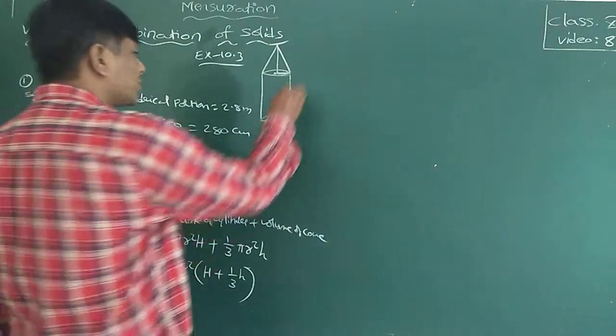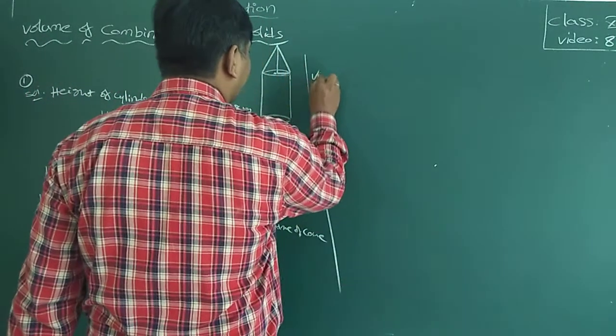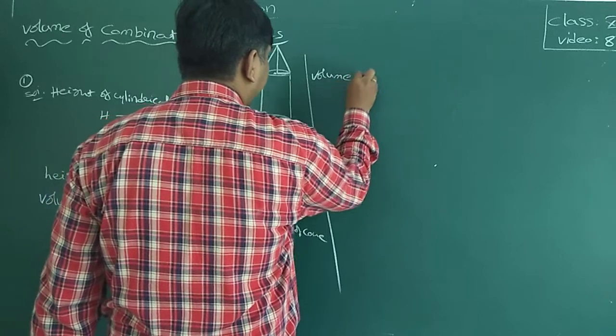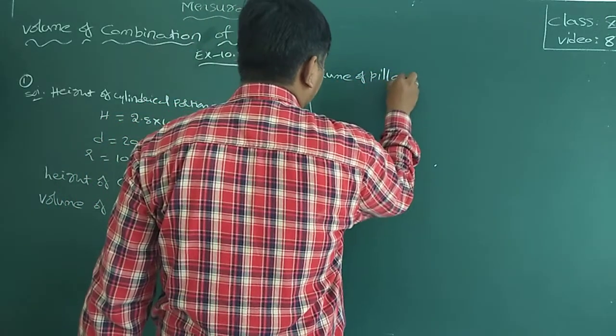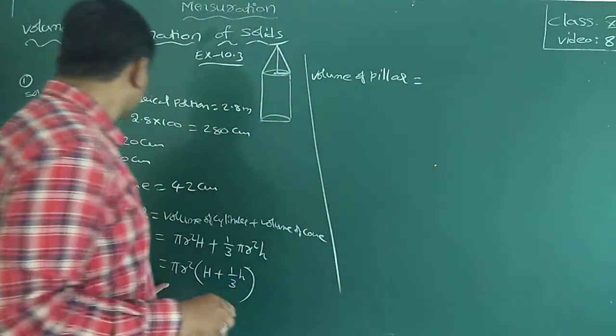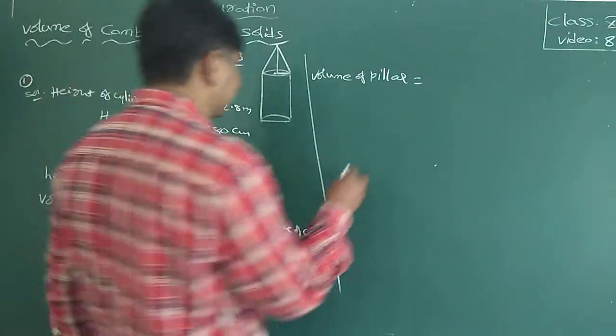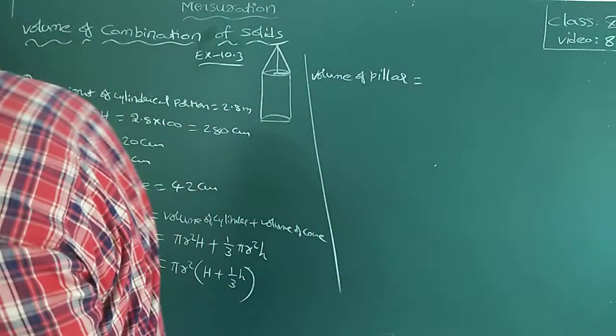Now substitute. Volume of pillar is equal to pi, whose value is 22 by 7. Did they mention it? Yes, they mentioned.